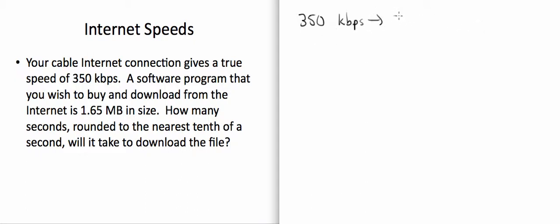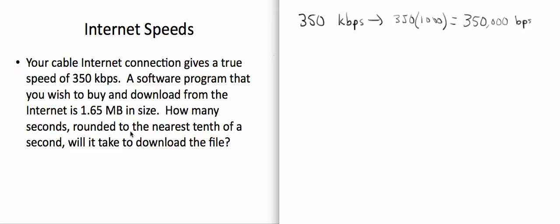So we're going to take 350 times 1,000, and that gives us an answer of 350,000 bits per second. We always want to deal with bits and bytes, not so much with the kilos and the megas.